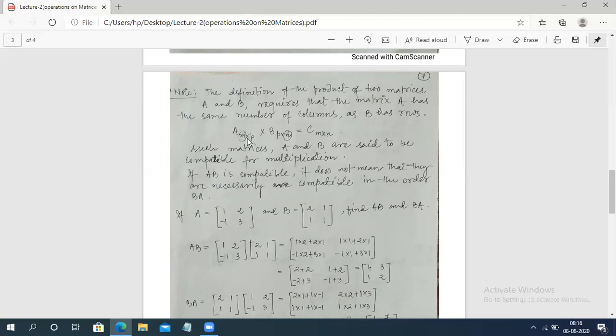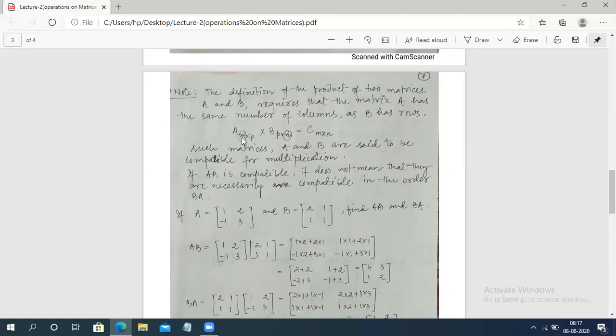If we are multiplying A with the matrix B, then we write AB, and the column of matrix A, here p, will be equal to the row of the matrix B. That is, here this p is the same, and the resultant matrix will be of order m by n. That means the number of columns of A should be equal to the number of rows of matrix B, and this n or m may be any number.